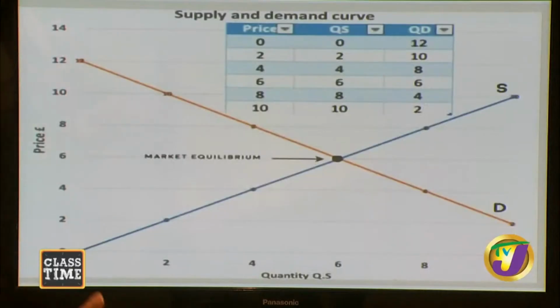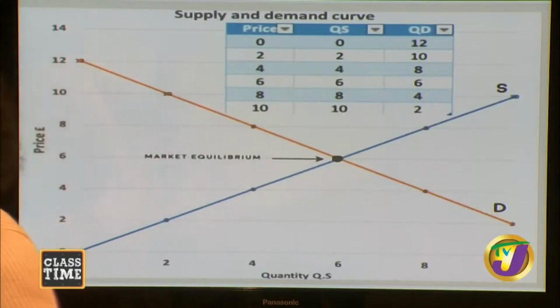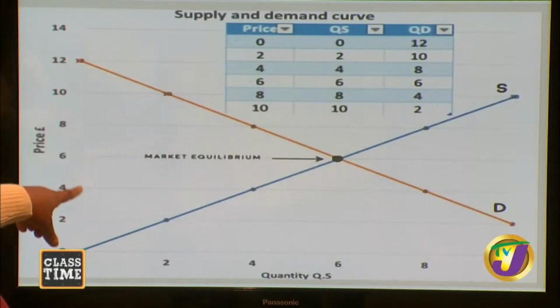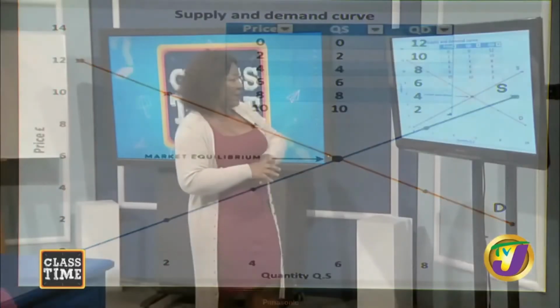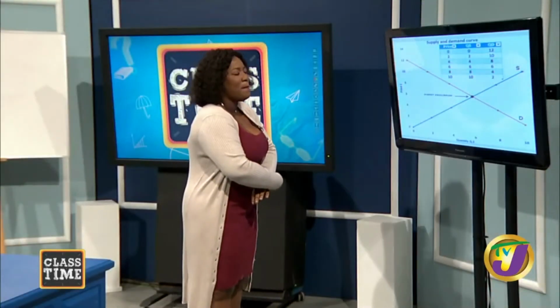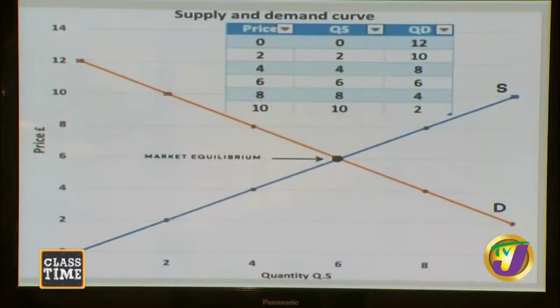Now, supply and demand. Here we're looking at the price for tomato, right? Now we're looking at where both our demand and our supply meet. Can anybody look and tell me what would be the best price to sell tomato for in the market space based on our equilibrium point, where both curves meet?